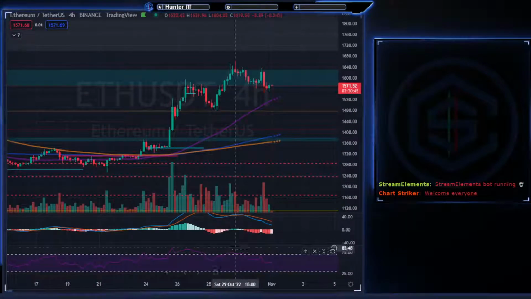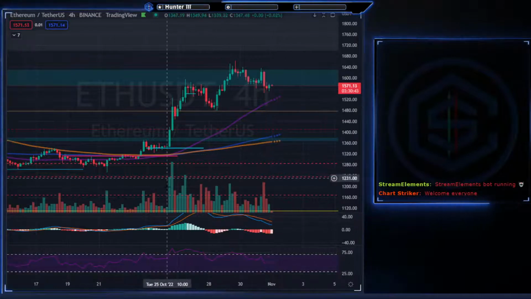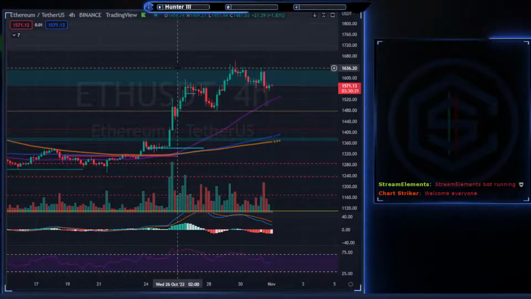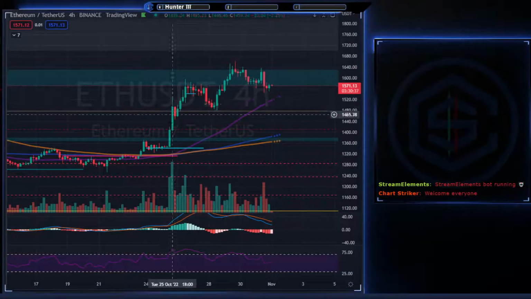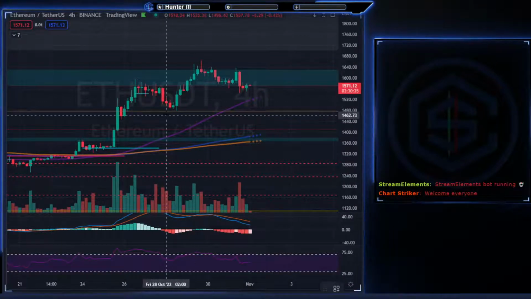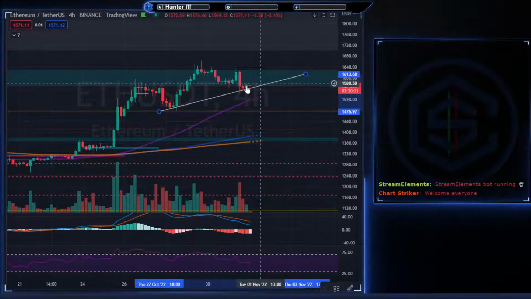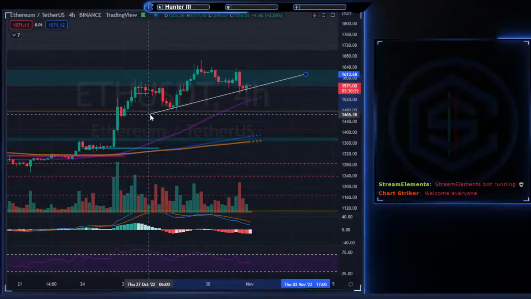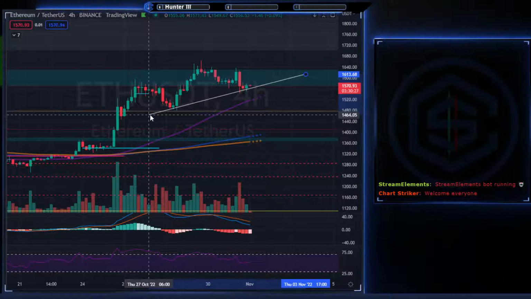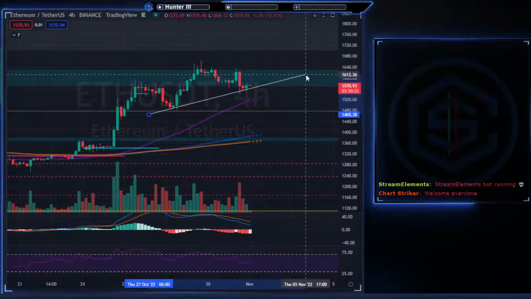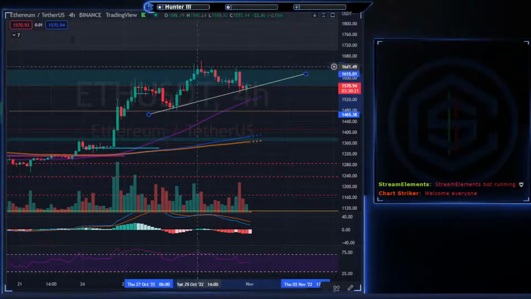So for hourly, we do have bullish divergence here as well. There's no ascending triangle or anything like that to be drawn here, but we are respecting support if you draw a trend line like this. Yeah, guys, clear, right?